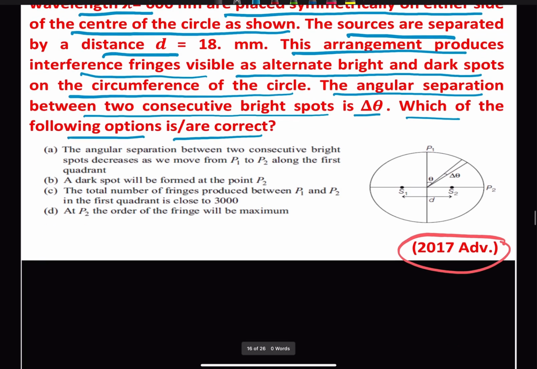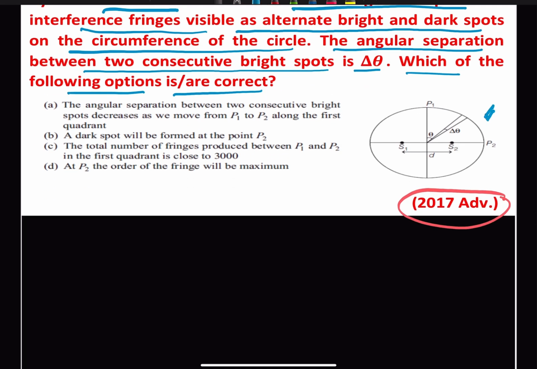So here we are given this figure and two coherent sources S1 and S2, and they are going to form alternately bright and dark spots. There are two points marked, one is P2, another one is P1. So all these options are with respect to P1 and P2, whether they will be dark spot or bright spot, and the fringes produced between P1 and P2.